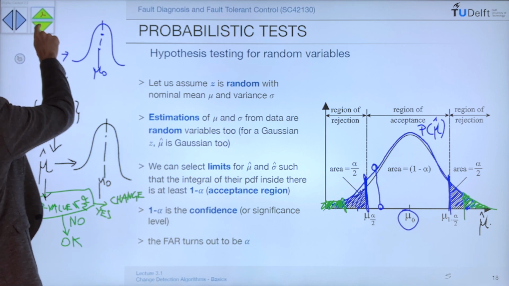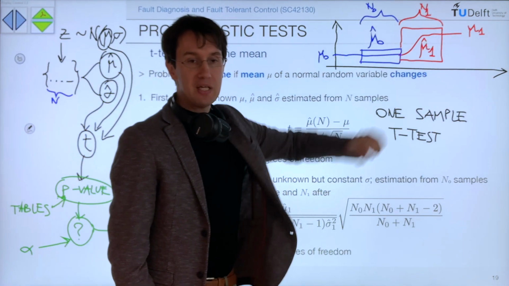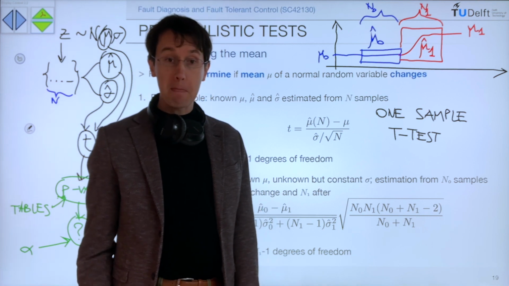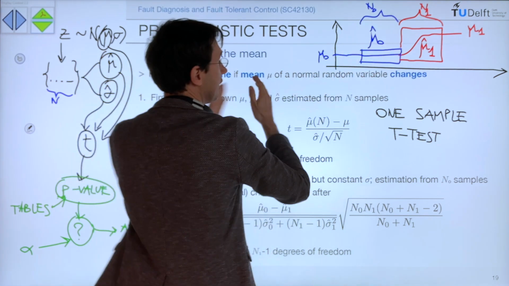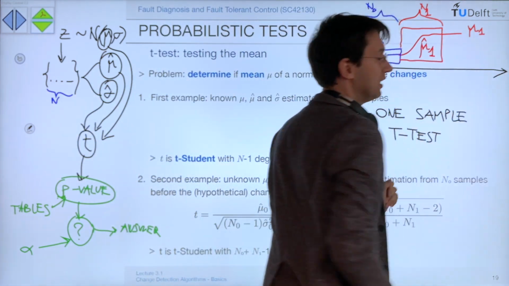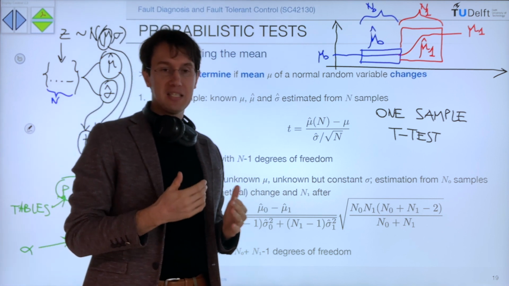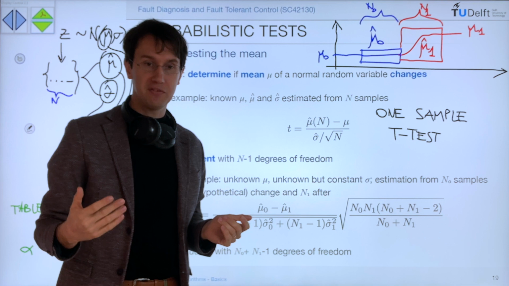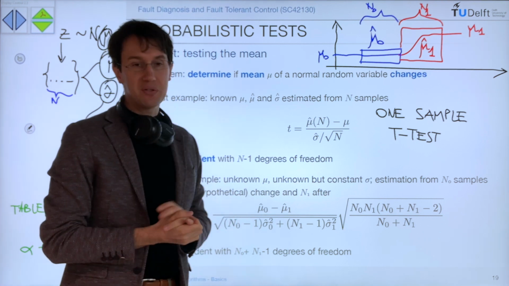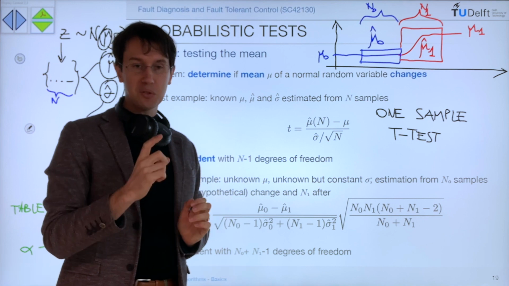But now, let's go back to the example of the 2 time windows. Having a lot of samples means that these are very, very long. And having very long time windows is an issue because you need to wait a long time before you can fill them. And also, they are not really sensitive to changes that are short in time.